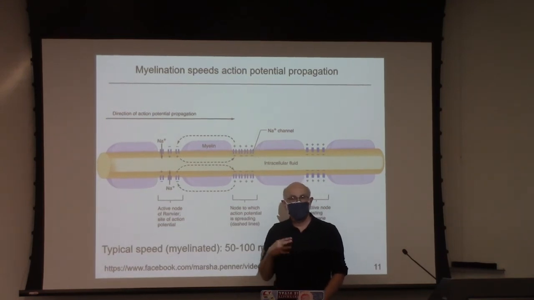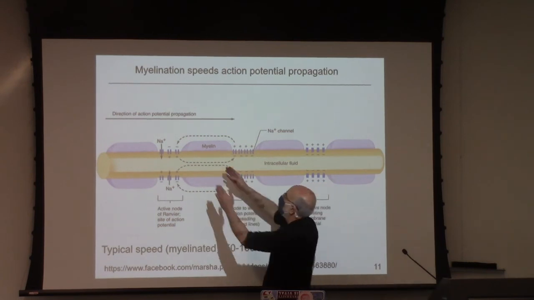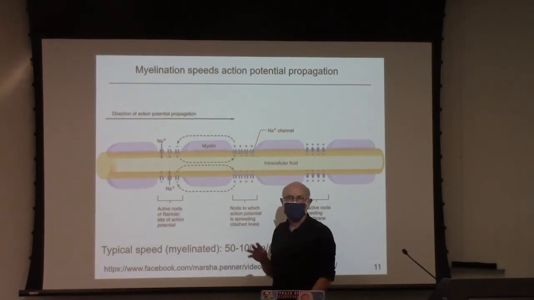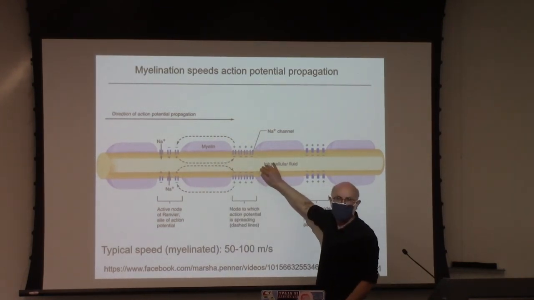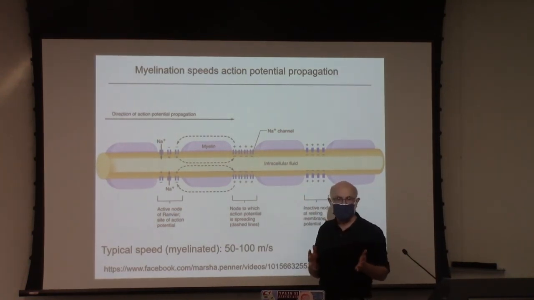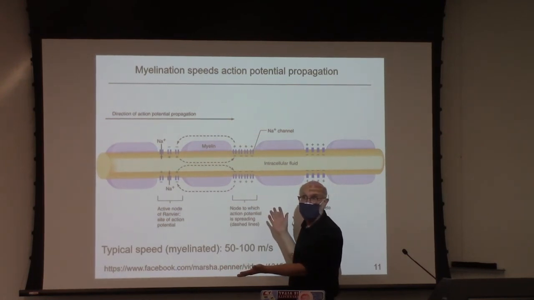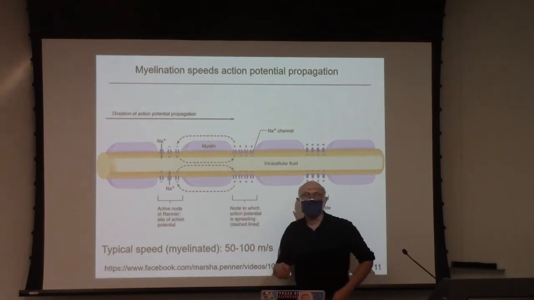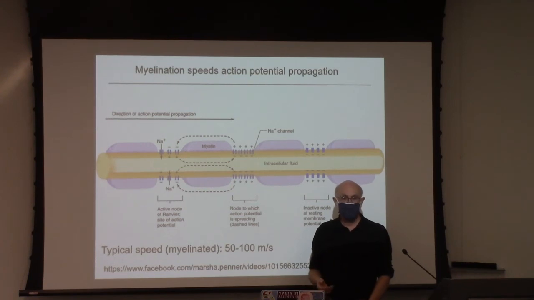And the answer is yes, we could, but the longer this stretch of myelin is, the greater the risk that an action potential here is not going to get all the way to the other end. And so we have evolved sort of a happy medium between speeding it up enough to do what we need to do, and not making the myelin too long where there's a risk of propagation failure. Did that answer your question?